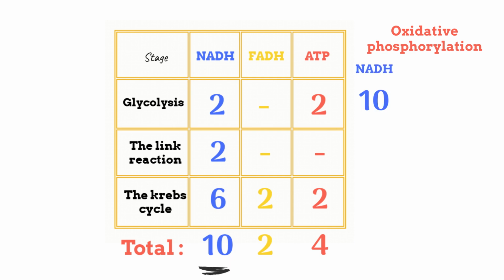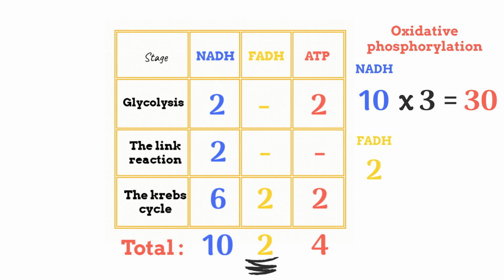And if each reduced NAD produced 3 ATPs in oxidative phosphorylation, then 3 times 10 is 30 ATPs. Now, we have 2 reduced FADs from all the processes before oxidative phosphorylation. If each FAD produces 2 ATPs, then we have a total of 4 ATPs.